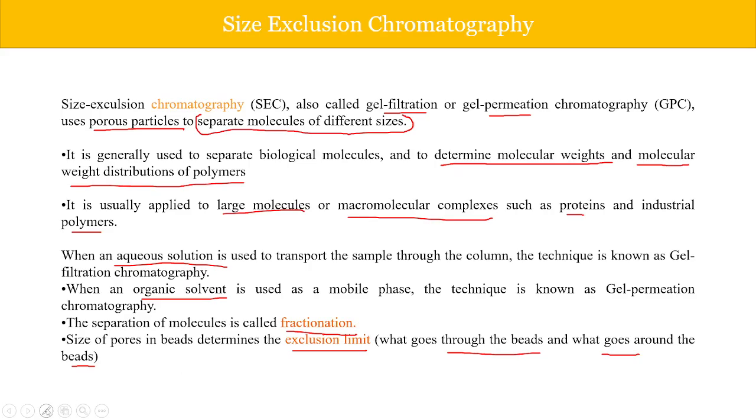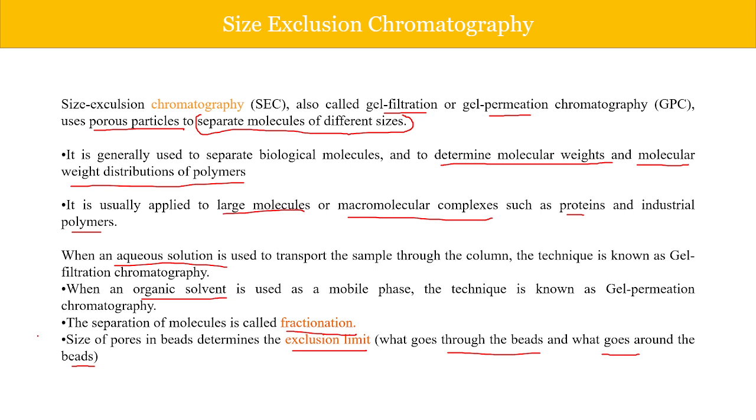So what is this exclusion limit? For example, you are given a limit of 5 kDa, 5000 daltons. Now what happens? If a protein has a molecular weight above 5000 daltons, it cannot enter the beads, so it will pass around the beads and go into the void volume.